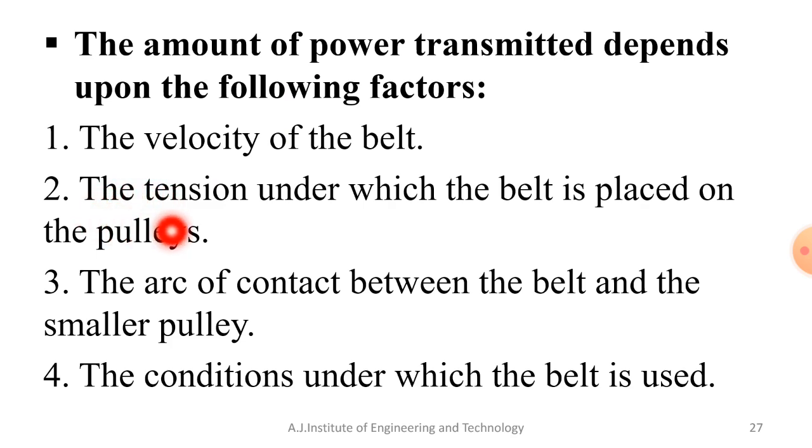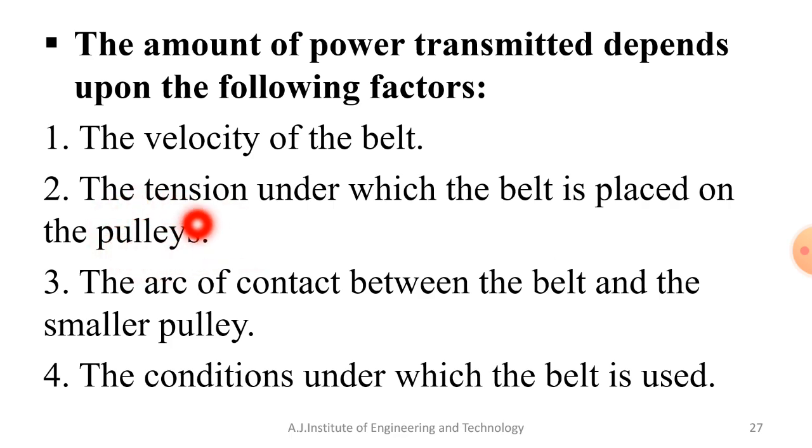Another factor is the tension under which the belt is placed on the pulleys. The belt is always subjected to tension, and we will see what the different types of tension present in the belts are. Tension is nothing but force.